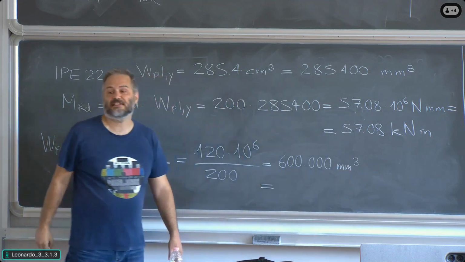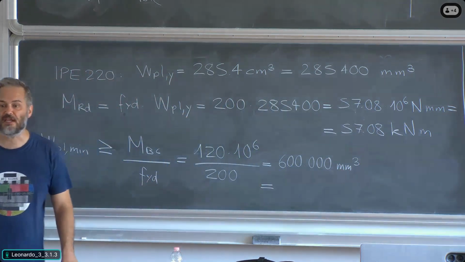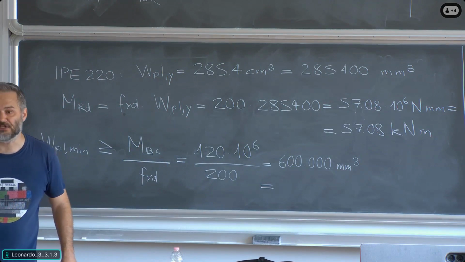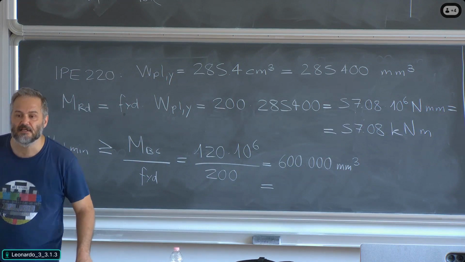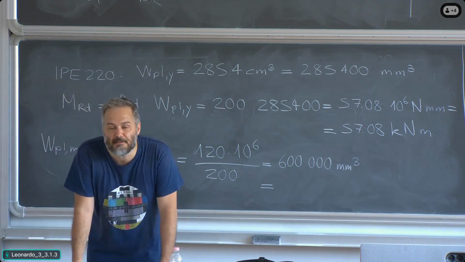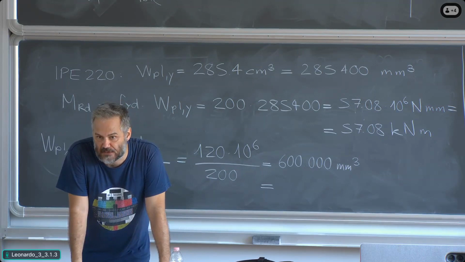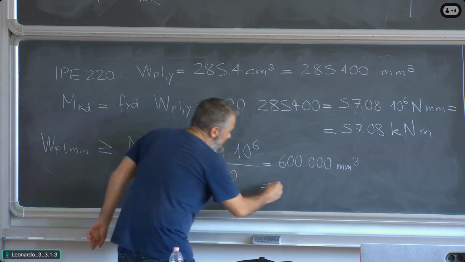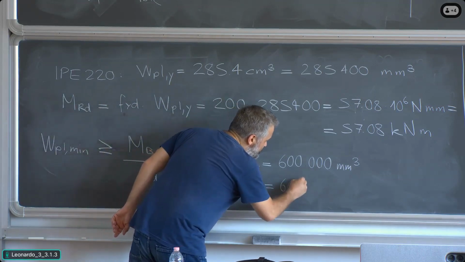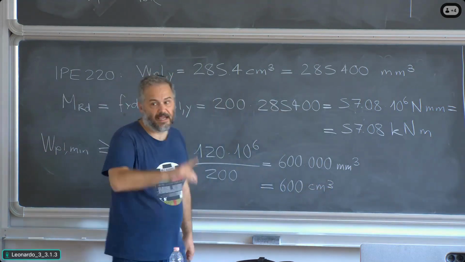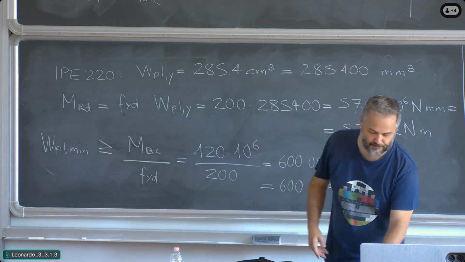Our table is in centimeters to the power of 3. How do we translate? We simply divide by 1,000. How many cubic millimeters are there in 1 cubic centimeter? 1,000. So this leads to 600 cubic centimeters. Again, table.